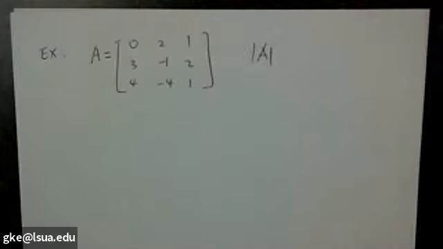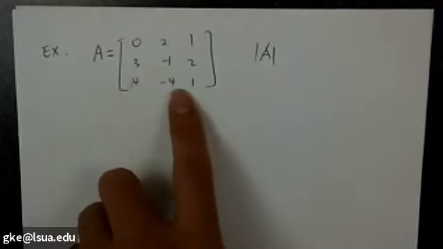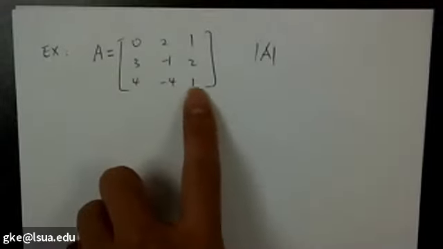Did you get it or not? What's your answer? 68. Let me check. No, you made a mistake. The matrix is 0, 2, 1, 3, negative 1, 2, 4, negative 4, 1. Double check it.